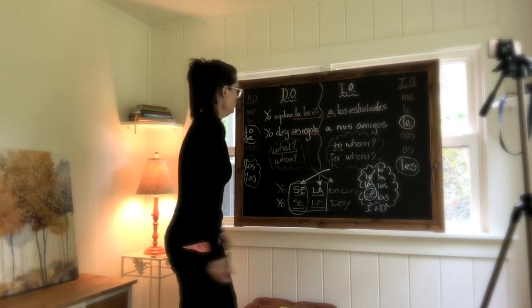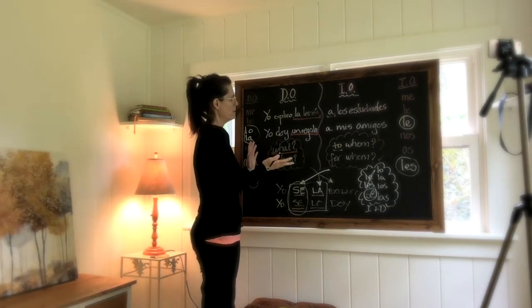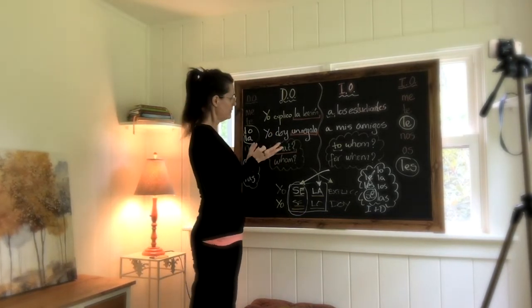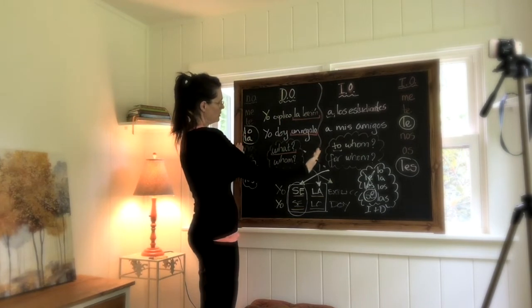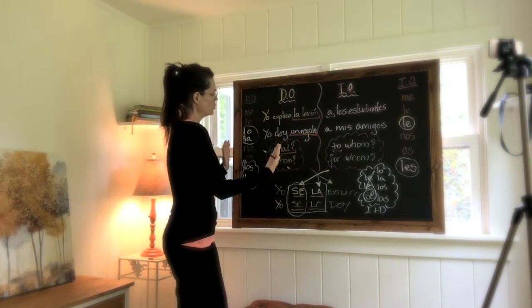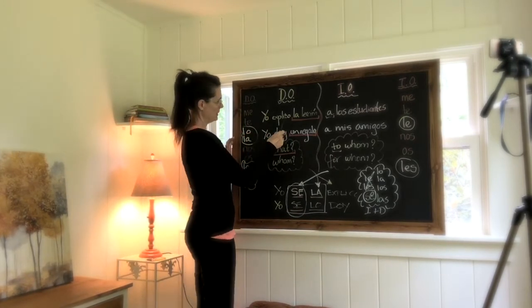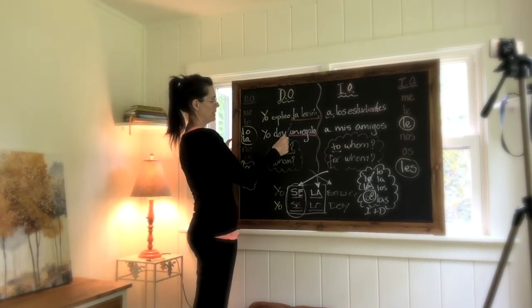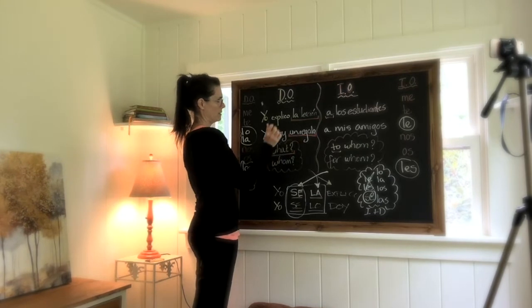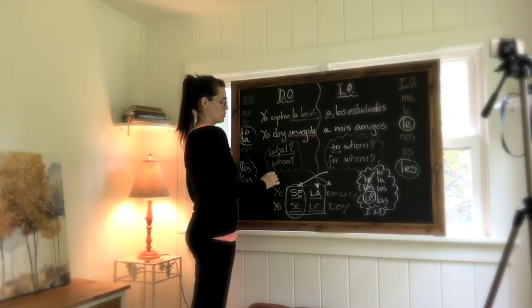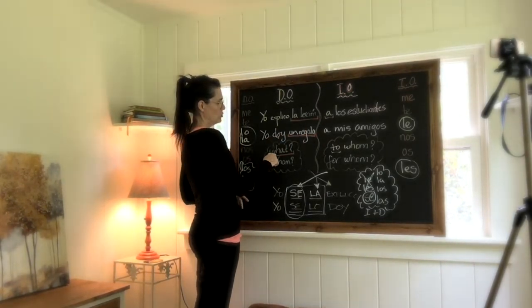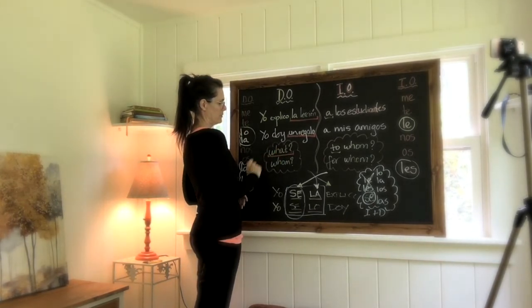First and foremost, remember that when you have the direct object pronoun, basically you're talking about what or whom. So this part of the sentence, you're saying, I explained the lesson. Yo explico la lección. La lección is what, okay? Yo doy un regalo. I give a gift.